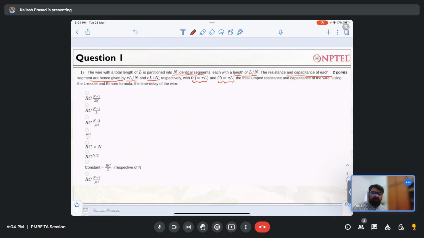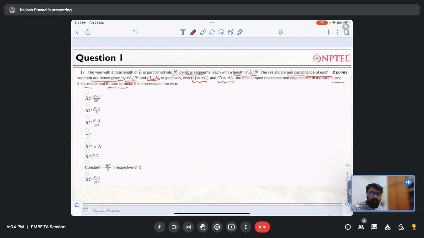So the capital R and C are the total lumped resistance and capacitance, and the individual ones are RL by n and CL by n. The question is: using the L model and the L model delay formula, calculate the time delay of the wire.